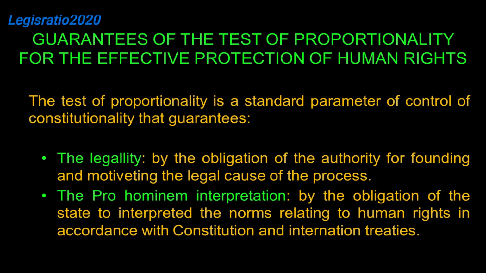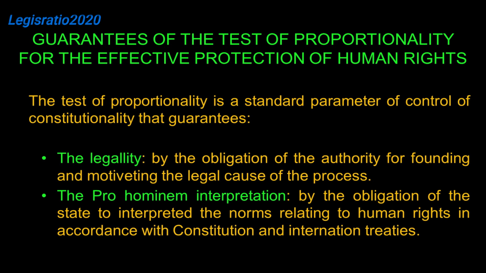Article 16 relates to the obligation of a written order of the authority to found and motivate the legal cause of any process. Article 1 sets the obligation of the state to interpret the norms related to human rights in accordance with the Constitution and international treaties, favoring people at all times with the broadest protection.